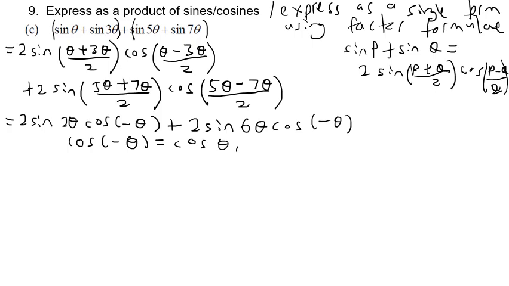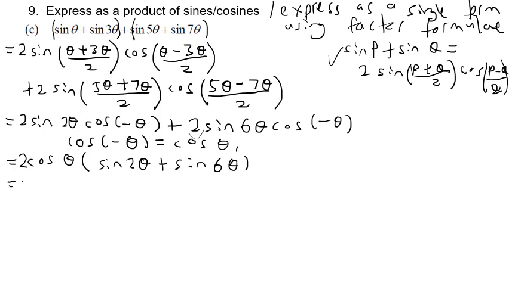Okay, so apply this and then factorize cos theta straight away, and also 2. So both cases we have 2, so factorize also 2 outside. So we got sine 2 theta plus sine 6 theta. So again, it is similar cases, so sine plus sine. So again we will use this formula.